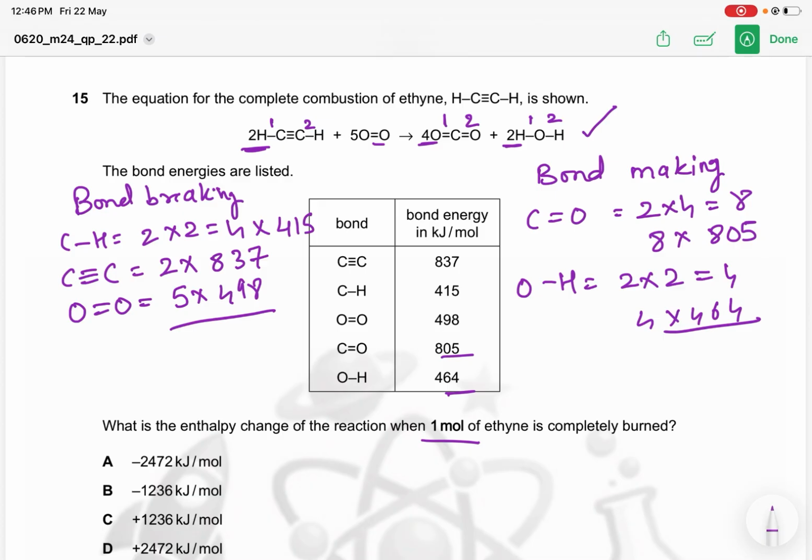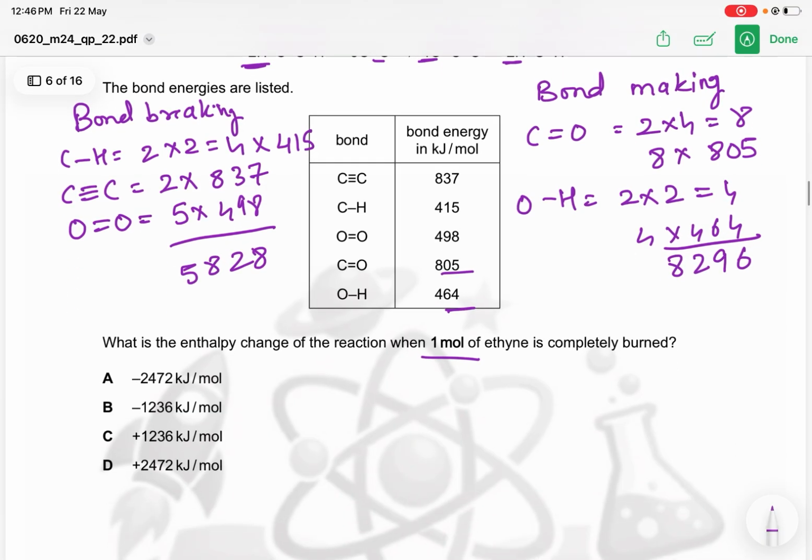So we have 4 into 415 plus 2 into 837 plus 5 into 498, which is 5828. And for the next one, it is 8 into 805 plus 4 into 464, which is 8296.